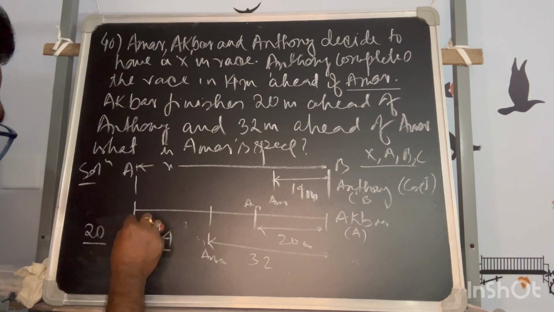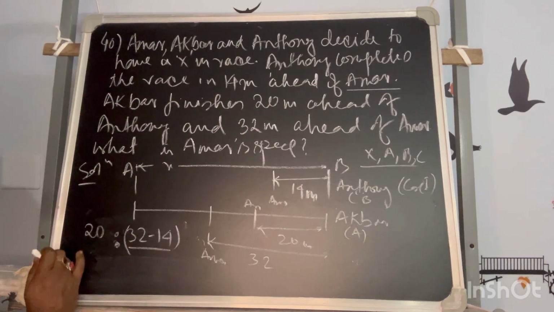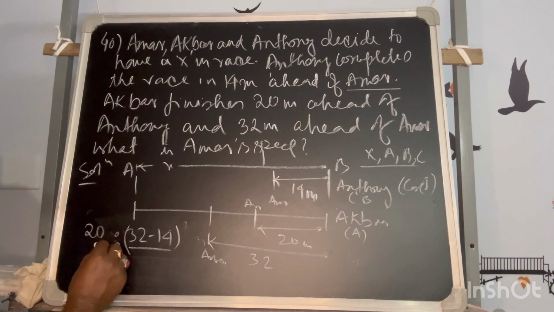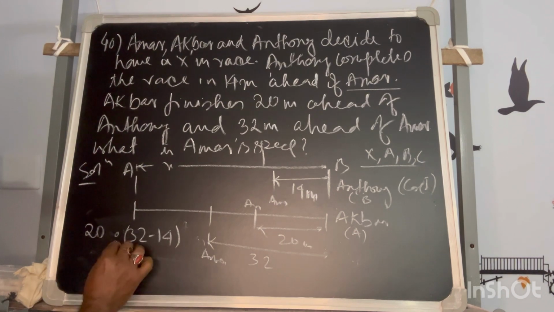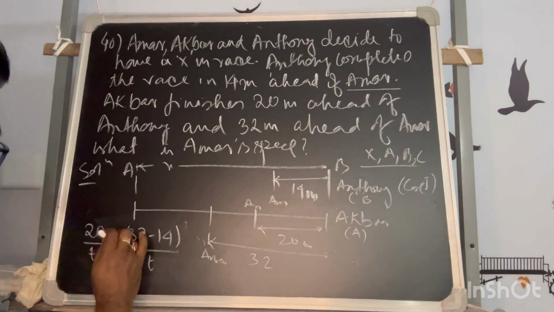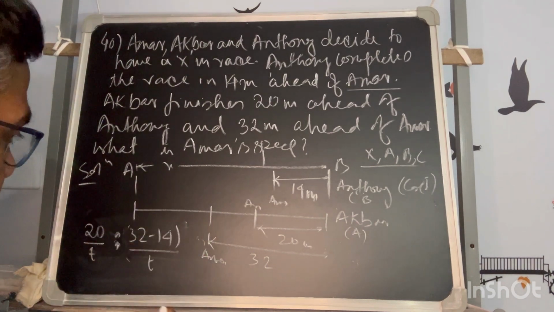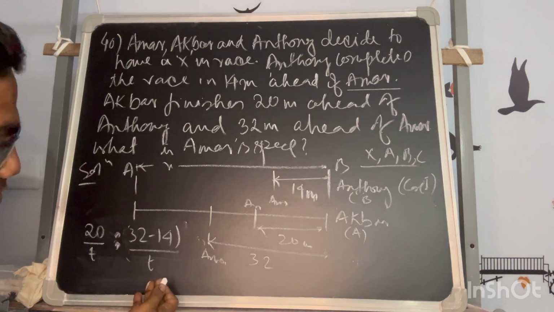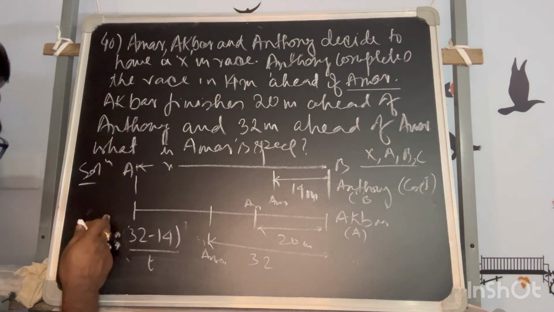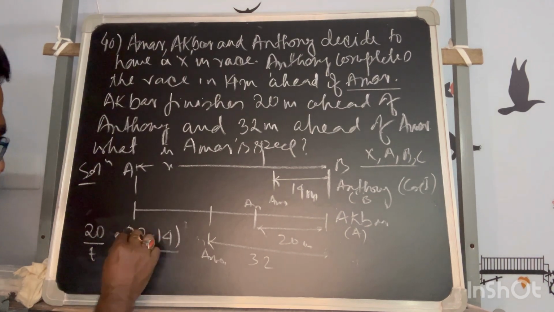They are covering this, so the relative speed you can say, because ultimately if I equalize with t, we won't get any value. Rather, if I equalize with respect to the ratios, distance upon time is the speed, so what is the speed ratio for them?